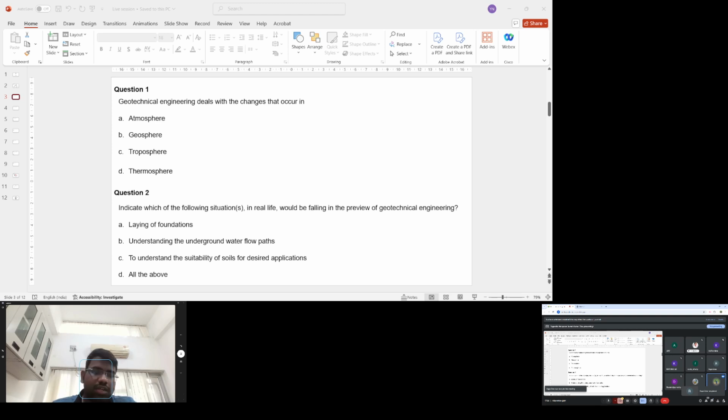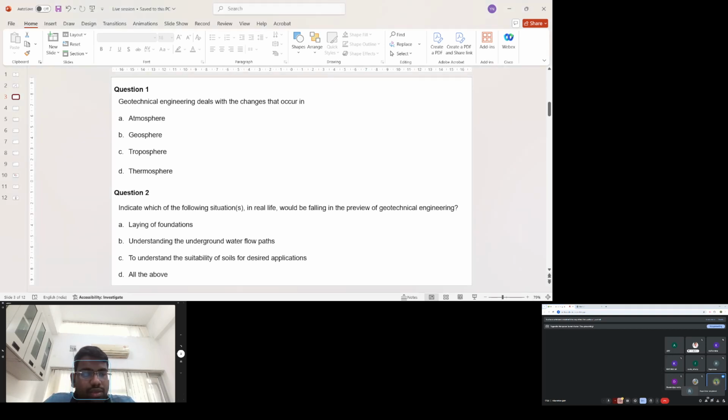Both for agriculture as well as in ground improvement. There is a separate research area known as microbially induced calcite precipitation, in which they make use of bacteria to improve the strength of the soil. So these aspects all deal with the geosphere.